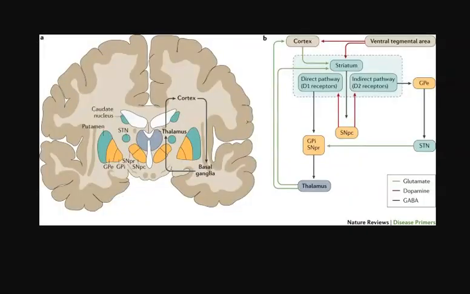And I like this image because I think it gives you a good visual of what we're talking about when we say the basal ganglia. So here's the outside of the brain. Here's the temporal lobe. In this part, I'm not sure if it's the frontal cortex or the parietal lobe based on the sectioning, but basically you have these darker brown or tan, which is your cortex.